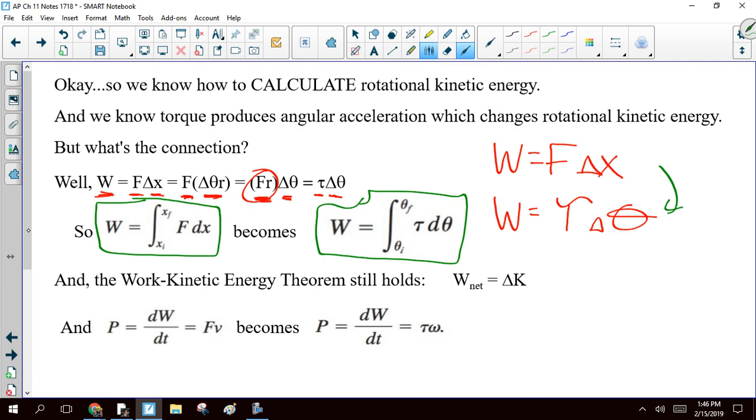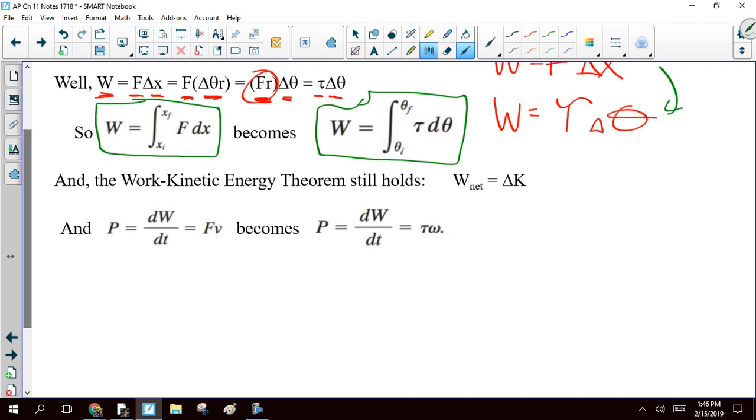And the work kinetic energy theorem still holds. Our net work will still equal a change in kinetic energy, where this is change in kinetic energy plus change in rotational kinetic energy. Do I agree with that?